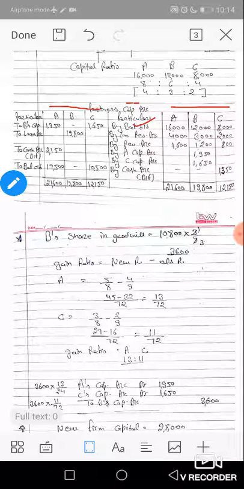So first of all, we will transfer the opening balance of capital, which is taken from our balance sheet. A's capital is 16,000 in the numerical, B's capital is 12,000, and C's capital is 8,000. So by balance b/d 16,000, 12,000 and 8,000, transferred from your old balance sheet.